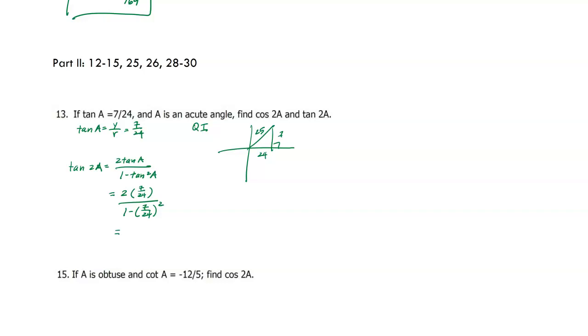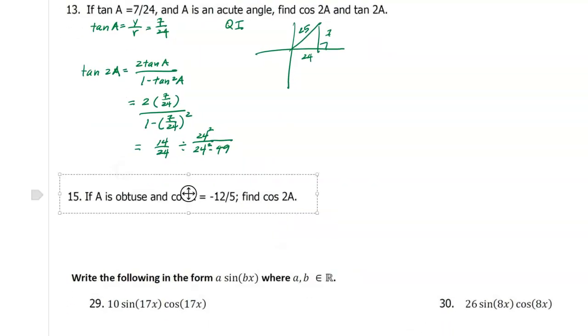So I already know that my numerator is going to be 14 over 24, and 24 squared is going to be the common denominator. And that's going to be 24 squared minus 49 in my denominator. Okay.